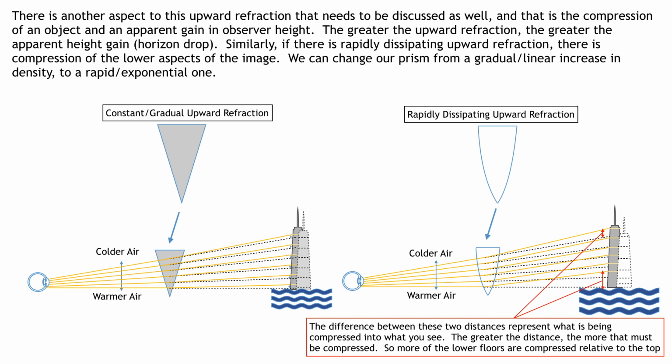Or we can create something that starts off kind of low, but then increases in density rapidly, or essentially rapidly dissipates, and you get, let's say, a lot of light bending early on down low, and then a lot less light bending higher up. So it takes on kind of a shield appearance, I guess.